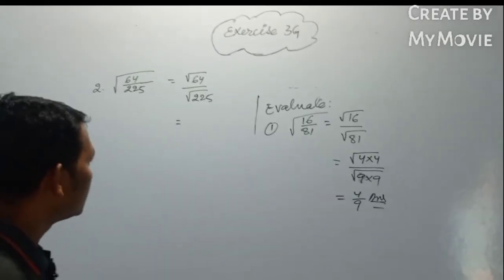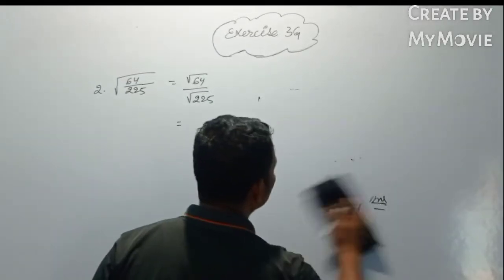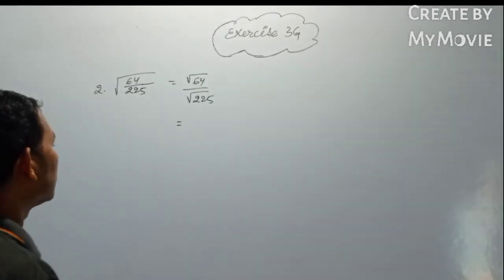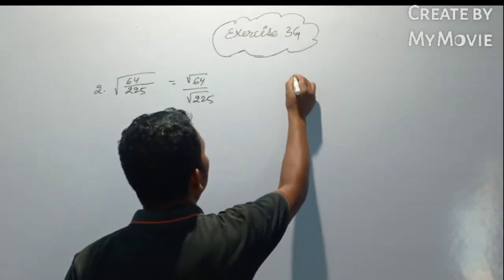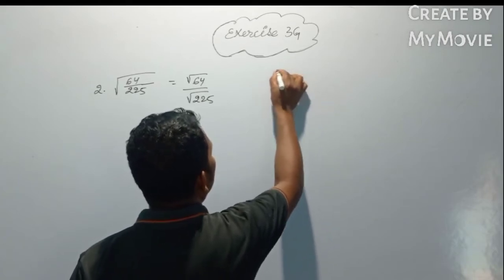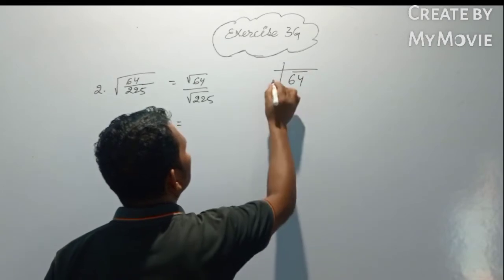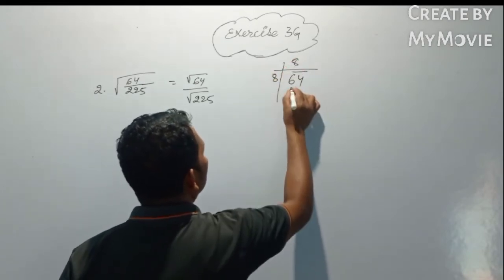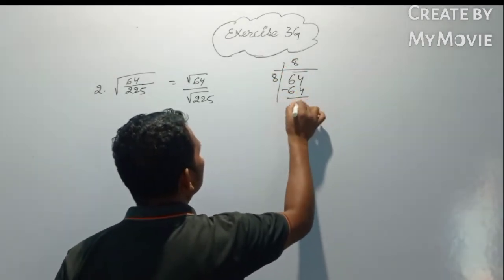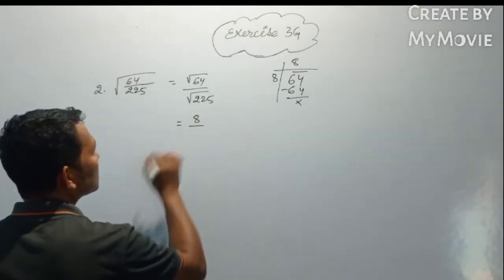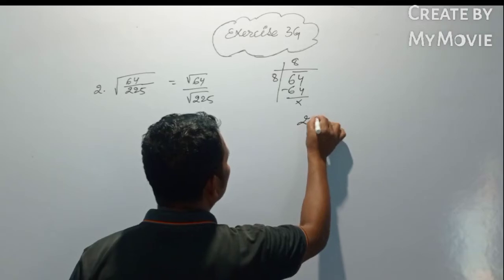Now find the square root of these two numbers by any one of the methods. I am taking long division method. 8 8s are 64. So square root of 64 is equal to 8. Now you take 225.